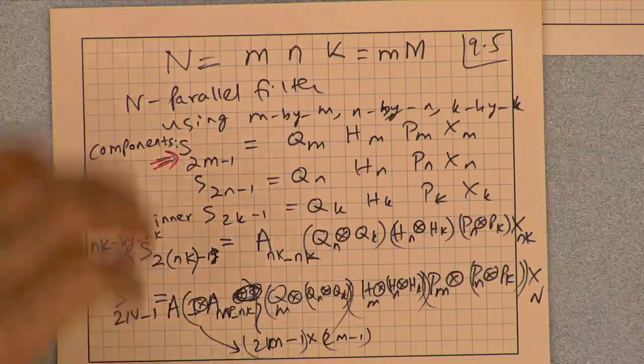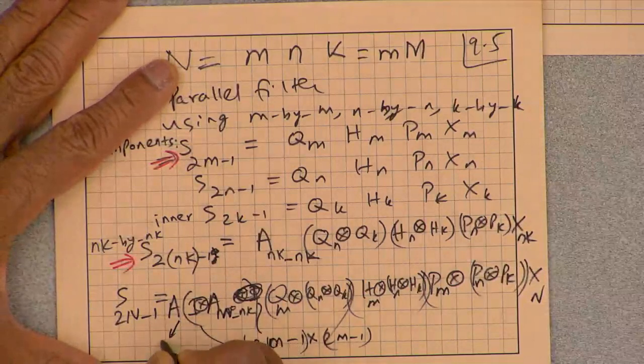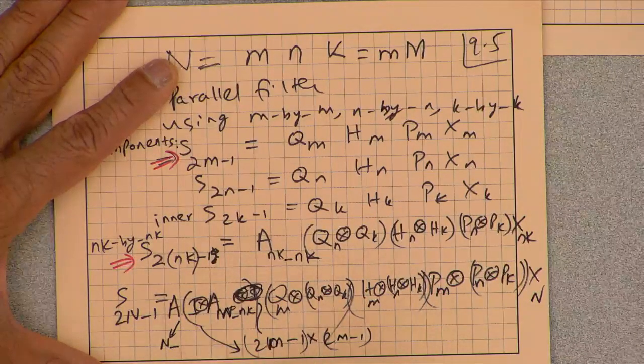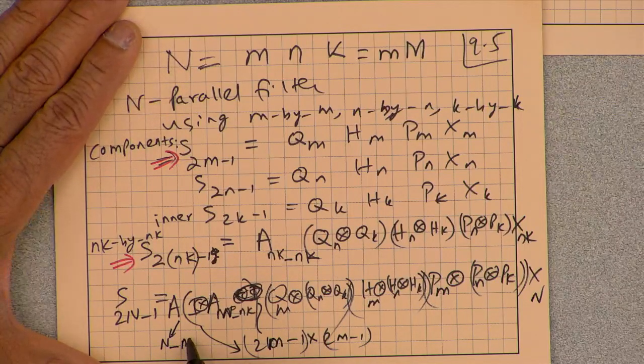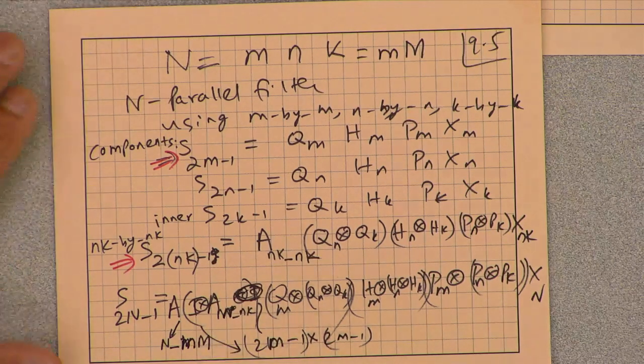So the final A matrix will be A, N, followed by M, M, M. This is inner, this is outer.